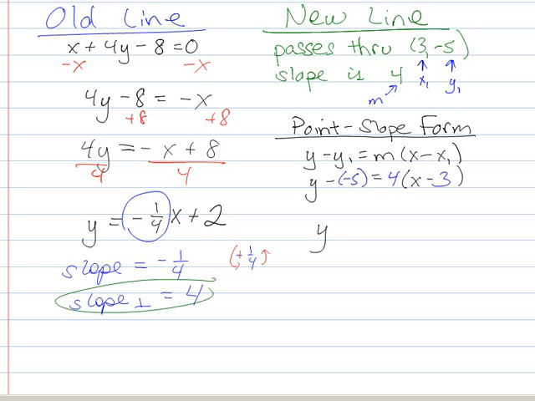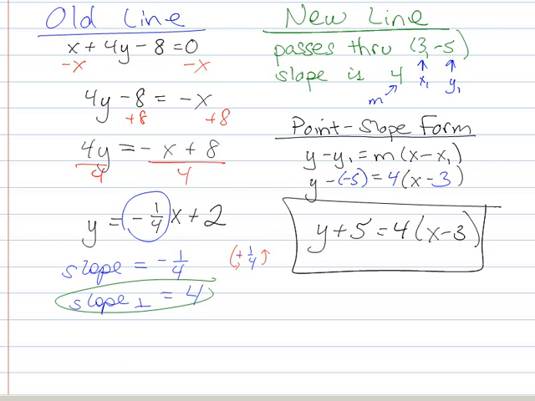So we've got y plus 5 equals 4 times x minus 3. And that would be the equation of the line perpendicular to the old line. So that's kind of neat.